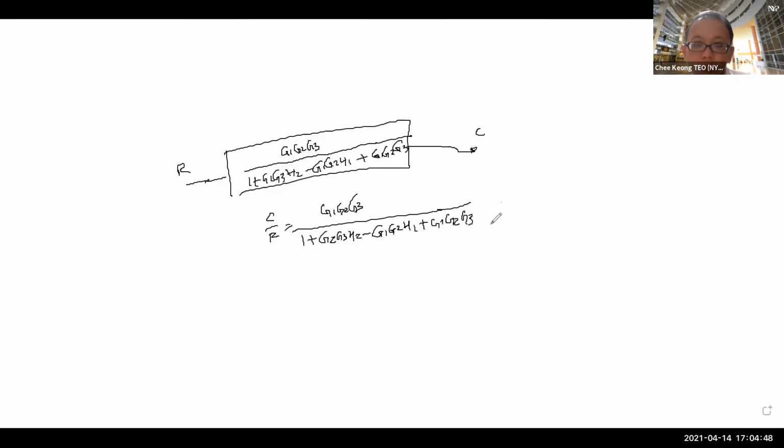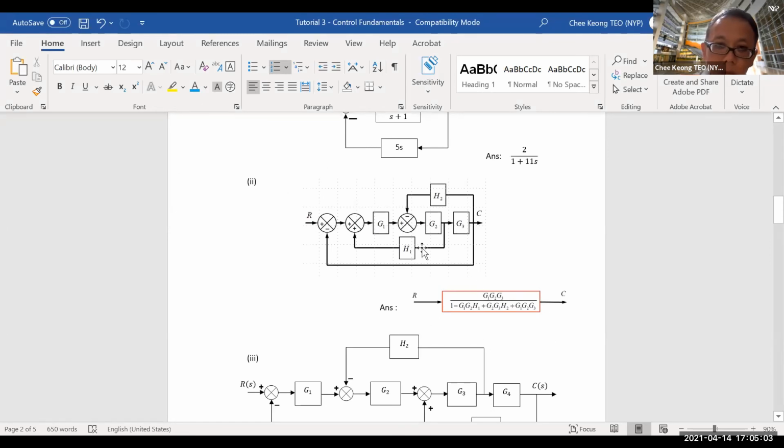So this is for question 7, part 2. Now let's check the answer, whether we get the same. Yeah, pretty much the same after solving for quite a while. That's how you solve question 7 part 2.